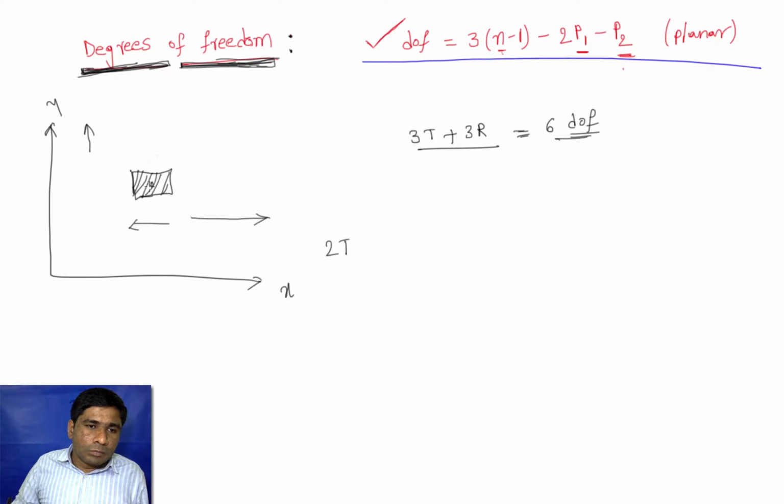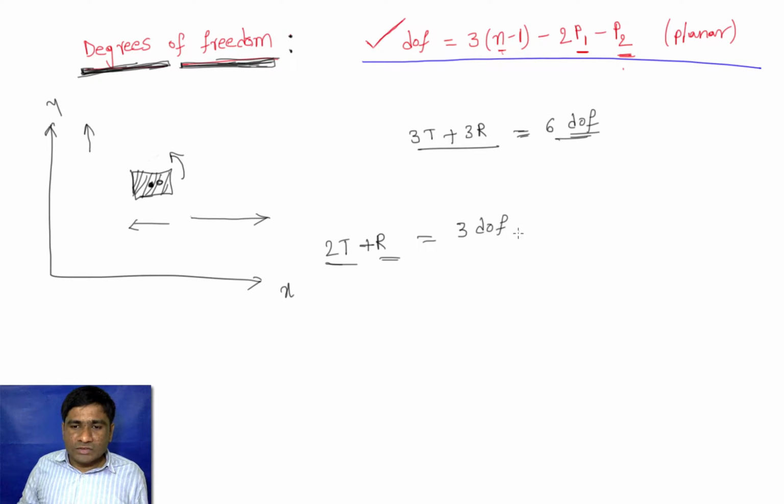And if I put my finger at this point O, and rotate this body like this, it can also rotate about the axis that is coming out of the plane. So it has one rotation also. So when you consider the same body in a plane, it has only two translations and one rotation. So altogether its degree of freedom is 3.